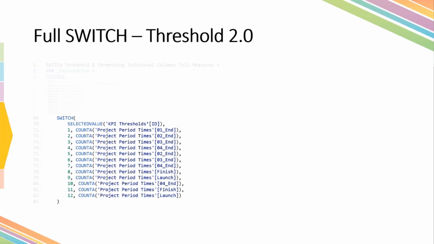So I have to use the count A function, which calculates the number of non-blank rows in a particular column. So if only, let's say, 20 projects have reached the end of a certain phase, only those will be used to be divided by. So I basically divide two switch statements by each other. Interestingly, you could also switch this up.